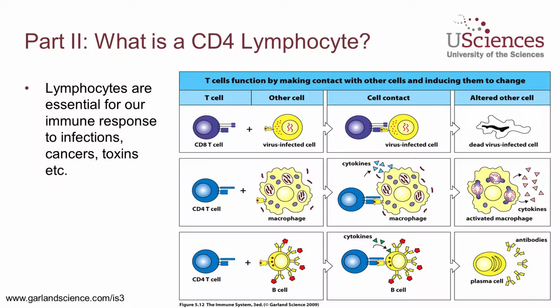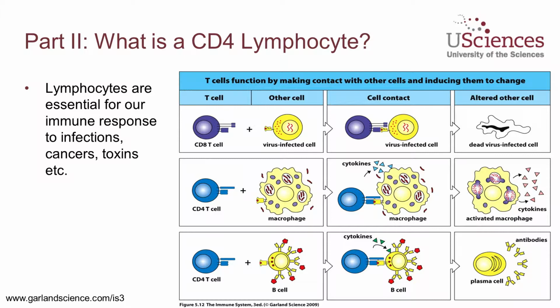CD8 T lymphocytes are called CD8 because they have that CD8 protein on their surface. This serves a function in the immune response, acting as part of the attachment with other immune cells and in reacting to the various foreign invaders.